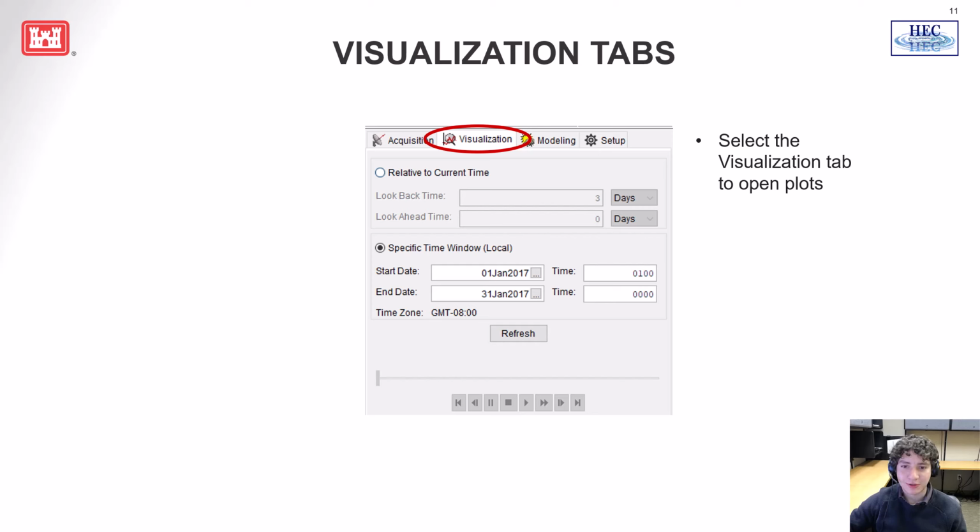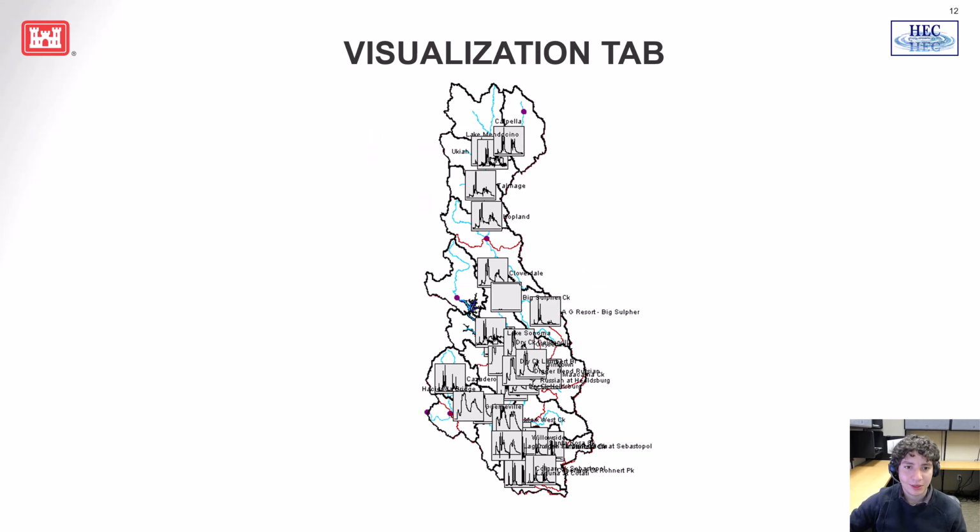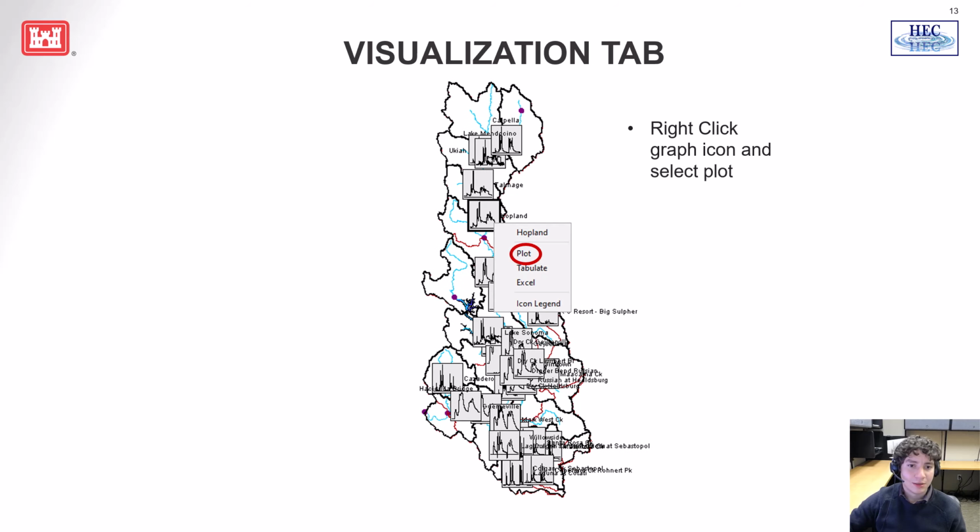To enter the Visualization tab, what we have to do is click this visualization icon here, highlighted above, in which case we can see another example of our GIS view. But this time, now our time series icons are being displayed as graph icons. But all we have to do, same as before, is right click one of these graph icons, and it'll bring down a drop down menu with the plotting option.